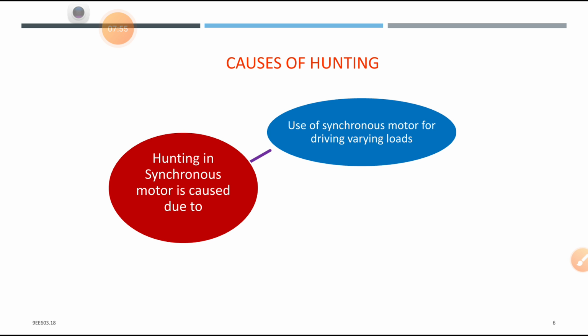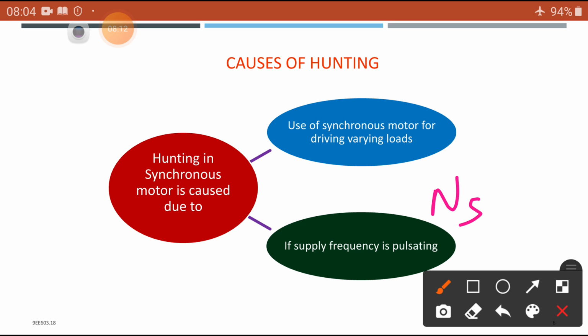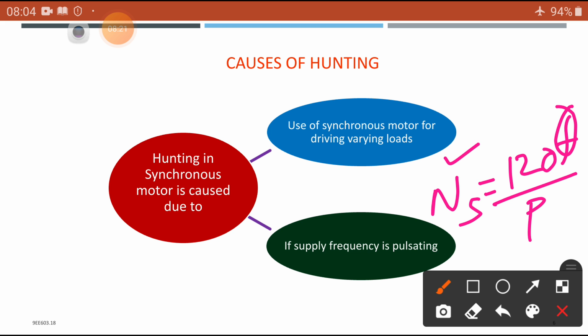Not only this, but also if the supply frequency is pulsating. As we know, the synchronous speed Ns is equal to 120 f by p. Now, what is happening? If the frequency changes, the synchronous speed changes. But under normal conditions, the synchronous speed and rotor are synchronized with each other.